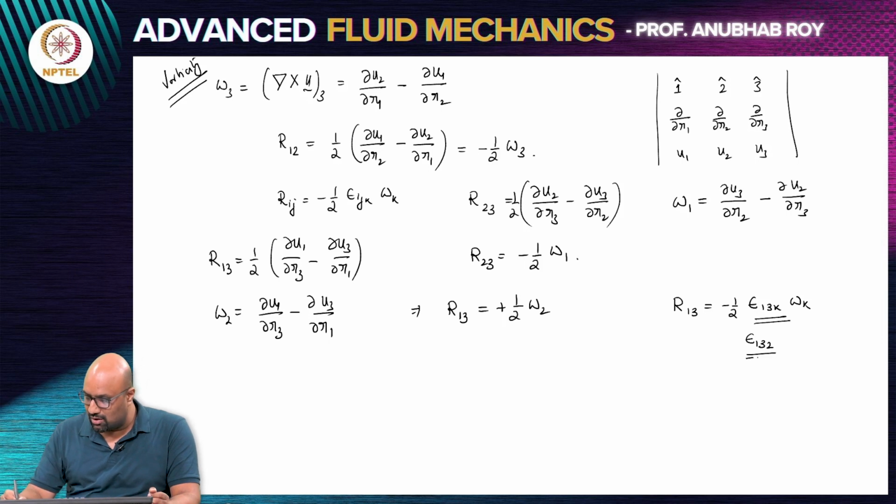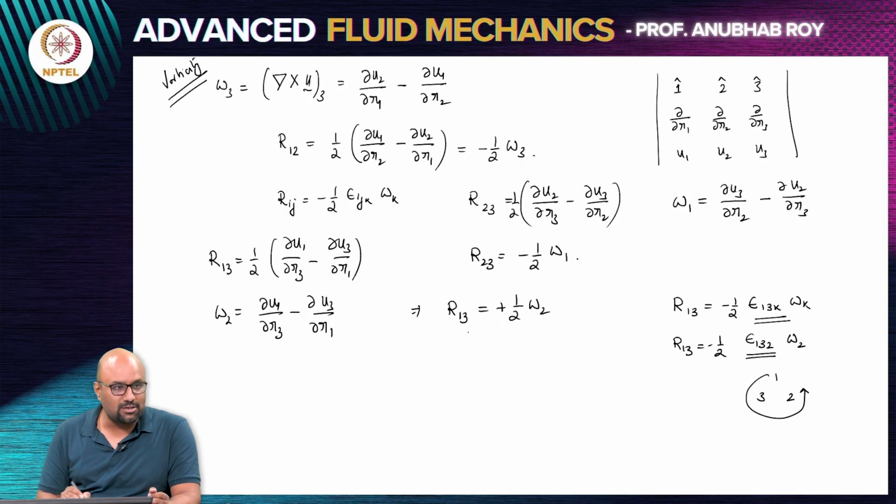So, the only non-zero value is epsilon 132, and this is only allowed to be omega 2. So, I have R13 as minus half epsilon 132 omega 2. Now, what is epsilon 132? If you ever forget, just do this and you see it goes in the anticyclic sense. So, the permutation symbol will pick up a negative sign, which is why it becomes plus.